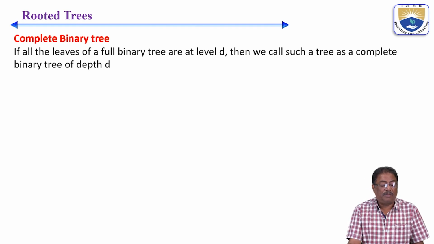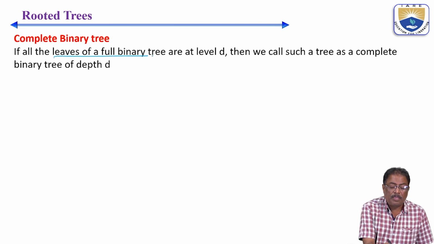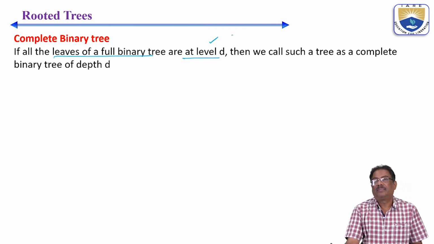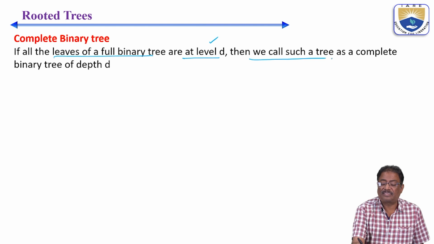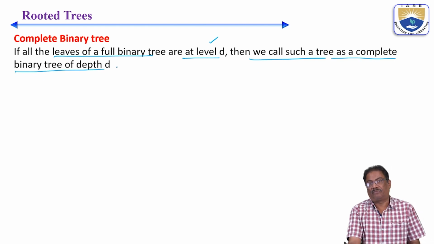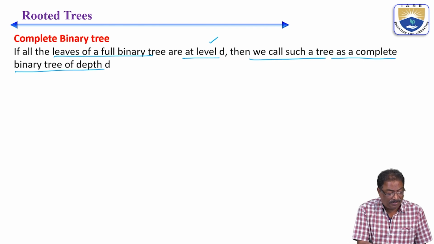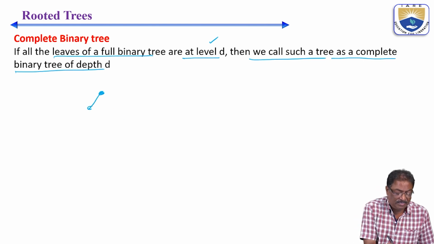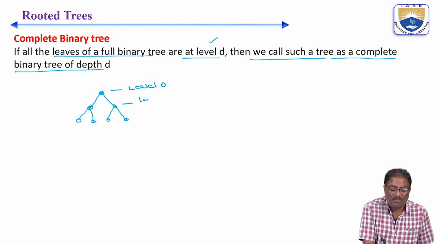Now, a complete binary tree. A complete binary tree means all of the leaves of the binary tree are at level D. Then we call such a tree a complete binary tree of depth D. Suppose I consider this: level 0, level 1, and level 2.